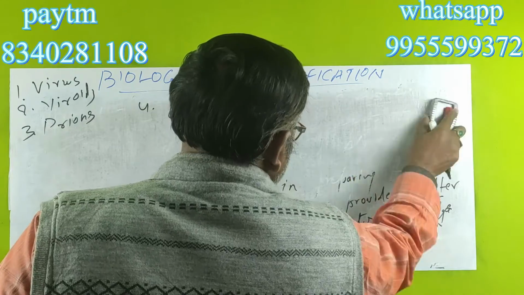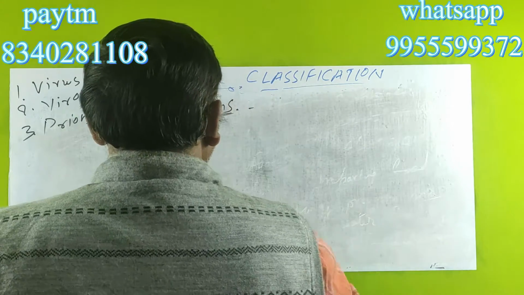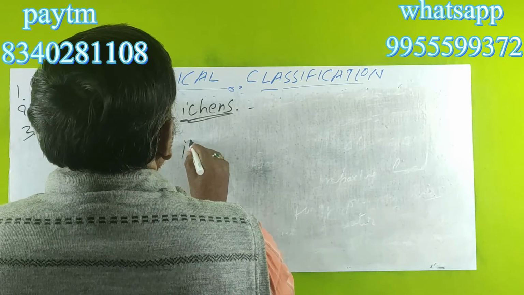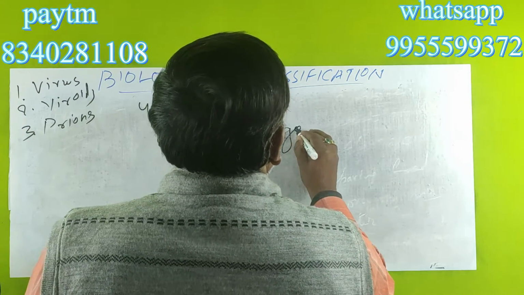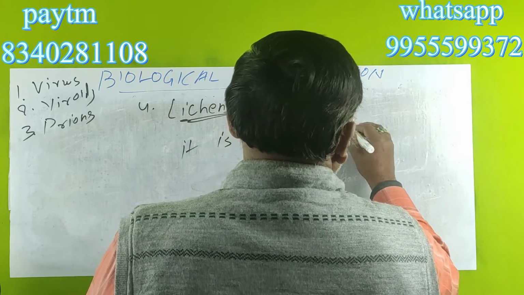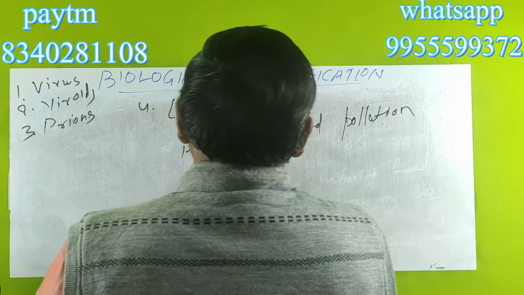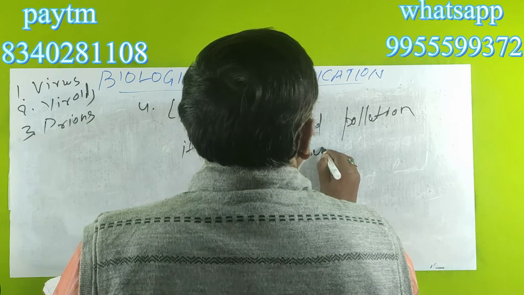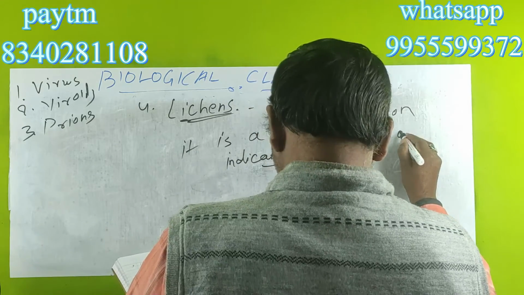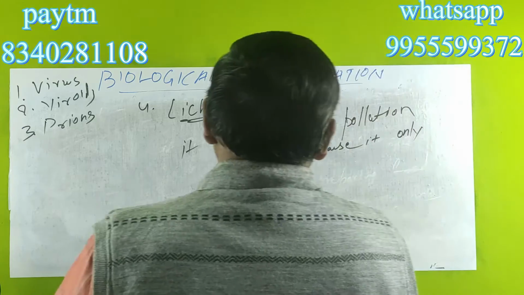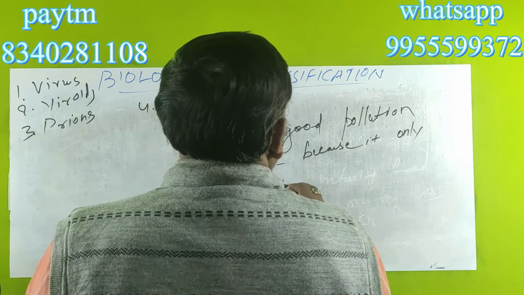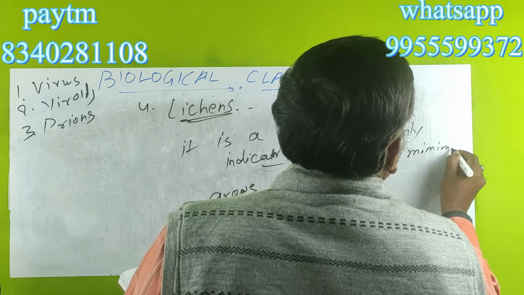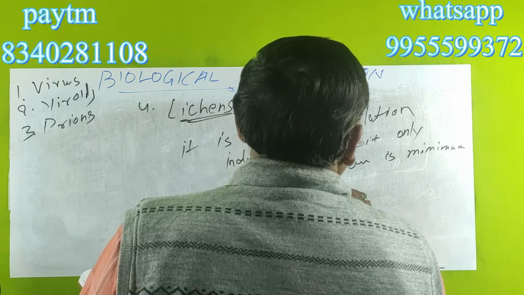And now we'll see how it is helpful in finding a clean nature. Lichens are a good pollution indicator, because they only grow where there is minimum or no pollution.